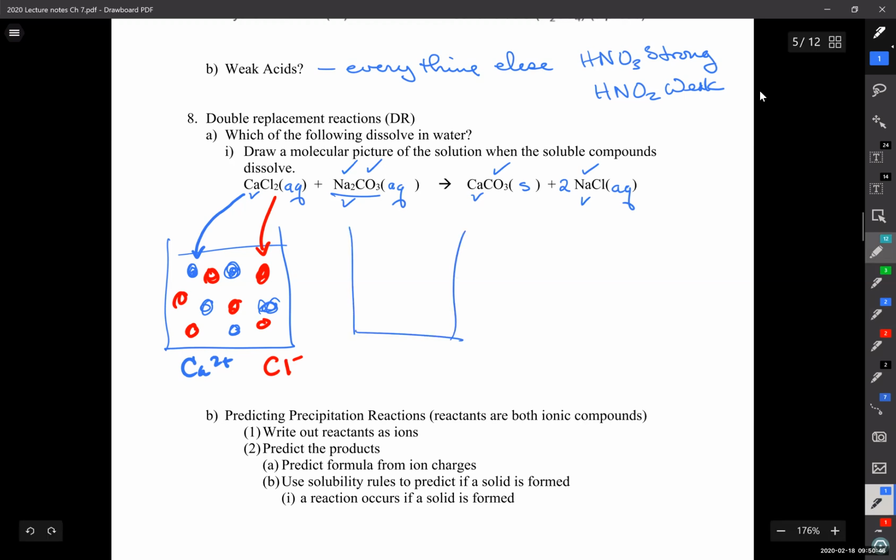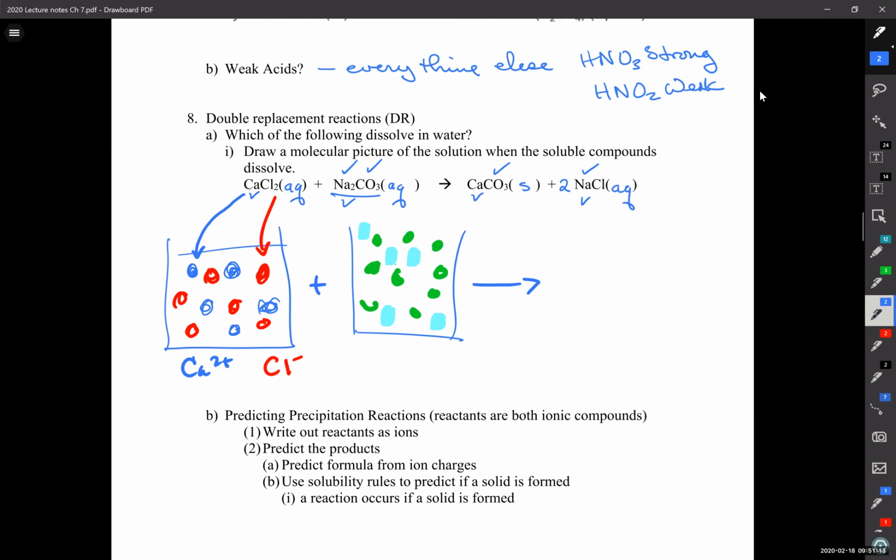Oh, I gotta have different colored pens, huh? Let's try this. I had sodiums and carbonates, which I'll make that color. And they're polyatomic, so I'll just make them bigger like that. And then I mix them together. And what happened? The sodiums, that's these guys.